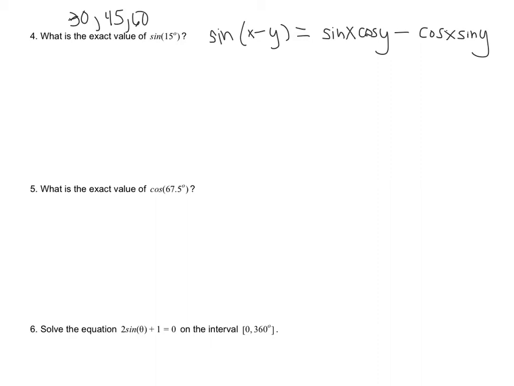So if I think of two angles that subtract to 15 that are one of these nice angles up here, then really the sine of 15 is the sine of 45 degrees minus 30 degrees. In reference to our formula, our 45 is kind of our x and our 30 is kind of our y. So when we substitute into the formula, we just basically substitute those in.